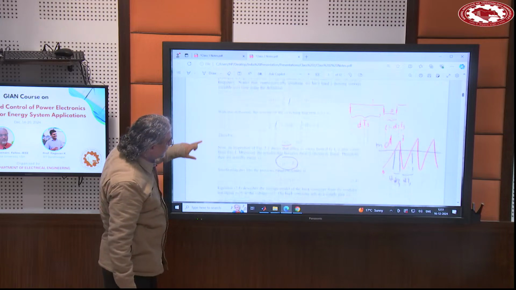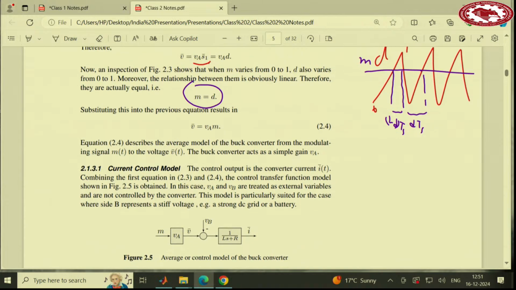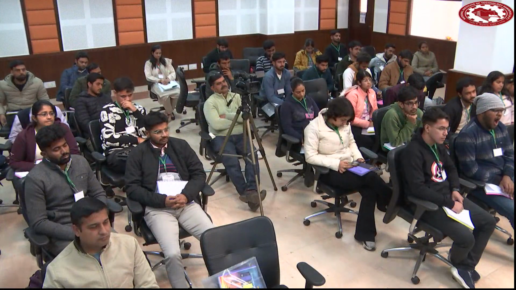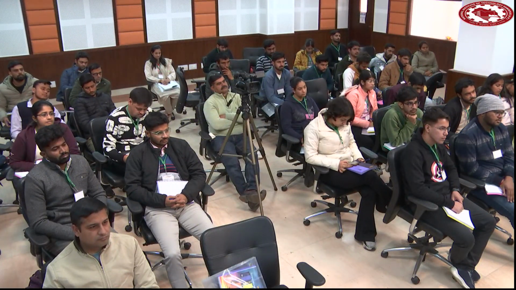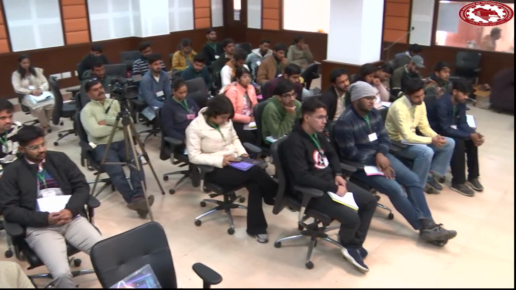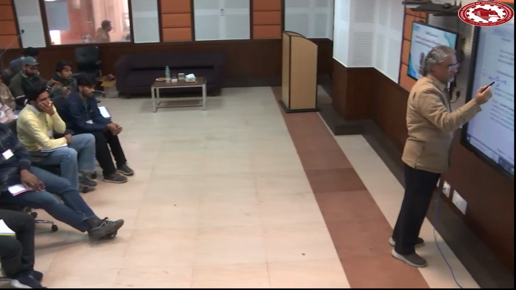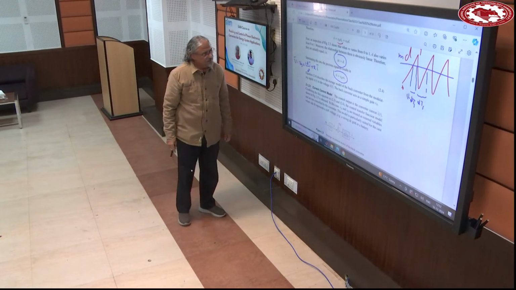So put all these together, and you will see that now I have V bar equal VA into M. That's this voltage across the diode. And this voltage, V bar, minus VB is equal to L dI/dt plus RI. These are I bar, to be accurate.